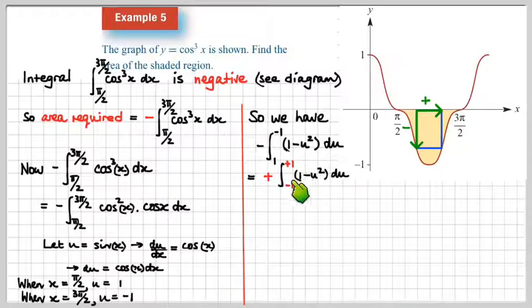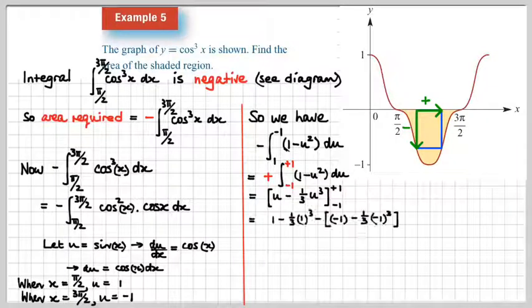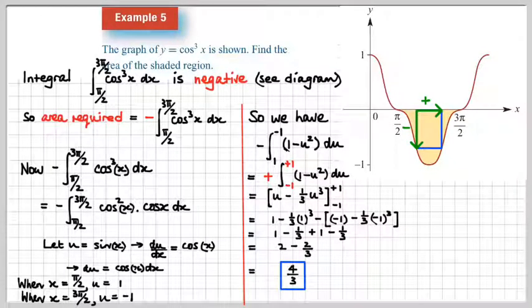It just makes it a bit more logical and easy to figure out what you're doing when you put the lesser value at the start, at the lower terminal, right? Okay, now it's easy to do. That's going to be u minus a third of u cubed between minus 1 and 1, and we just evaluate away, and we get all this stuff, and therefore we get 4 over 3. That's the answer. That's the answer, guys.